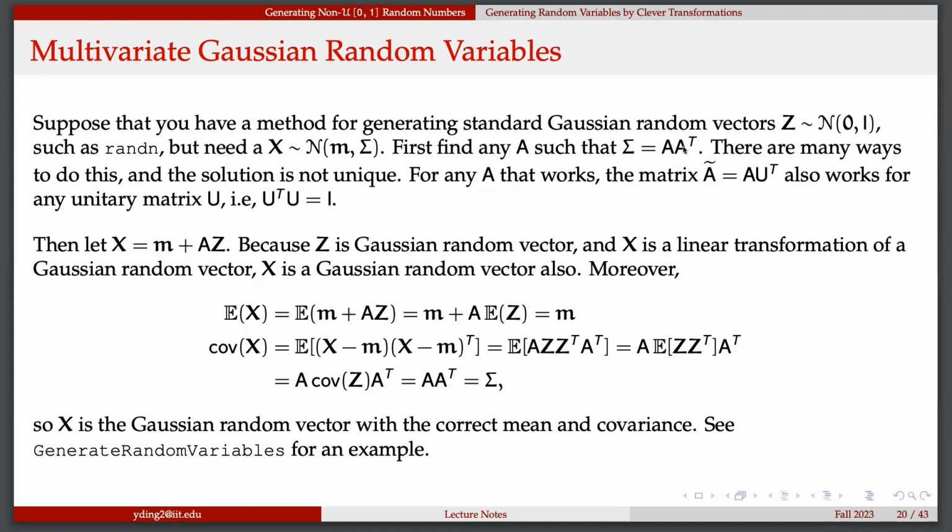Okay, so I may give you some question. I won't ask you to do the Cholesky decomposition by hand, given a covariance matrix. Use MATLAB or any other programming language to find the matrix A, and then you know how to do it in the following steps.